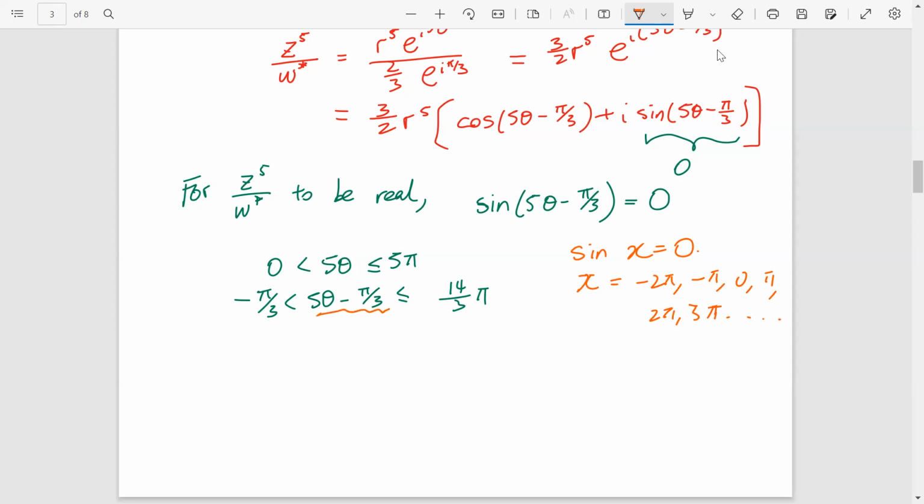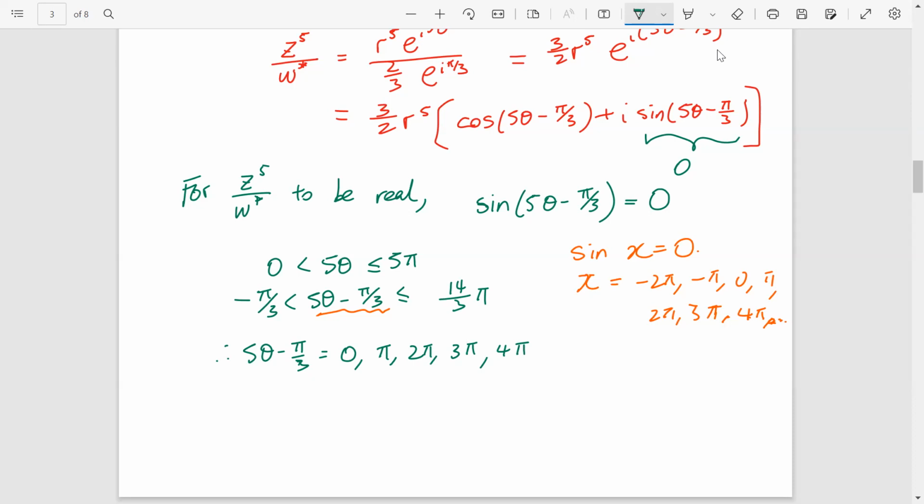We want to find which ones are within the range. Negative pi is out. The first one within the range is 0, then pi, 2 pi, 3 pi, and 4 pi is still in. 5 pi is already 15 pi over 3, so it's out of the range.